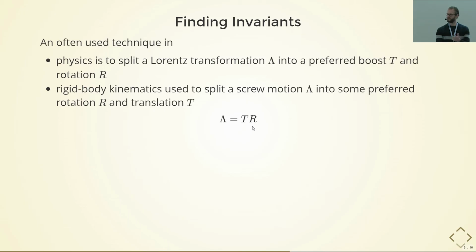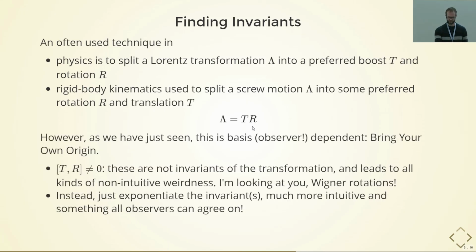And then we find those 2 parts. But those are not the correct invariants of the transformation. And so that leads to a lot of non-intuitive phenomena, and a notable one in physics is Wigner rotations. But that appears because this split is not the correct split to make, because you should split on the invariant quantities, because that's something that all observers can agree on.